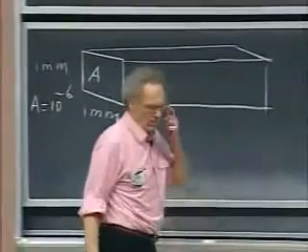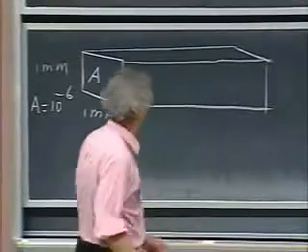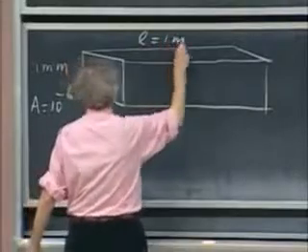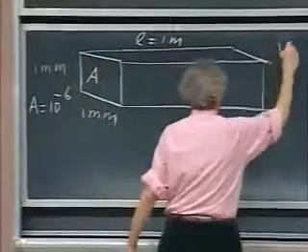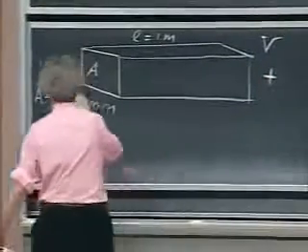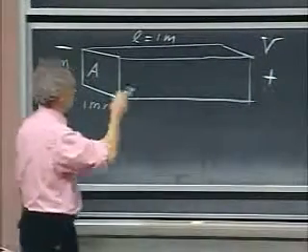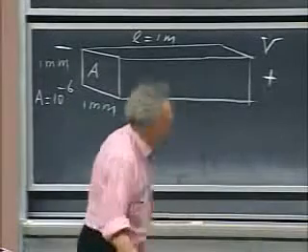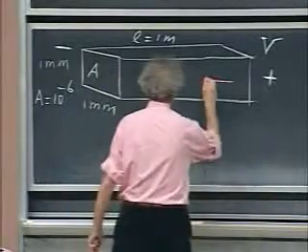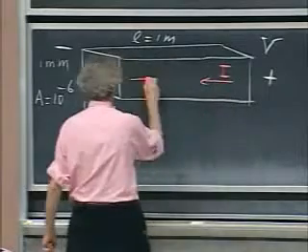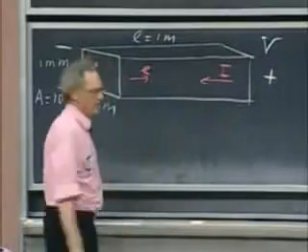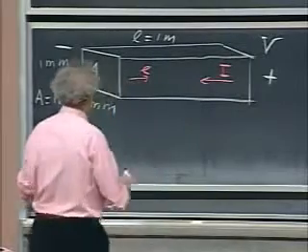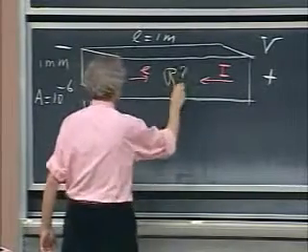Here I have a chunk of material, and the length of that material, L, is 1 meter. Put a potential difference over there, plus here and minus here. Current will start to flow in this direction. Electrons will flow in this direction. And the question now is, what is the resistance of this chunk of material?